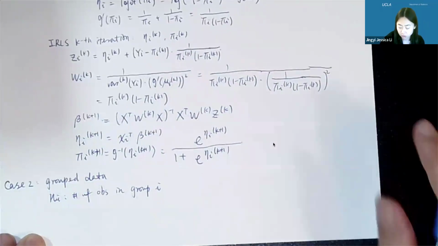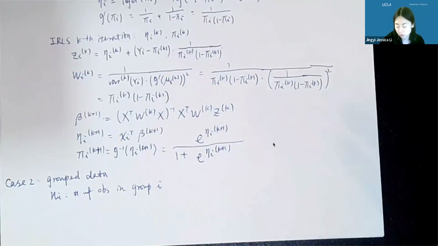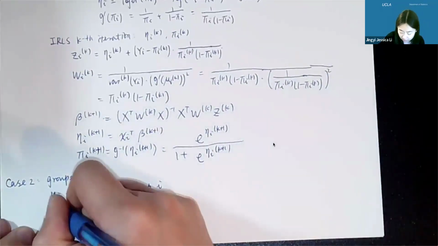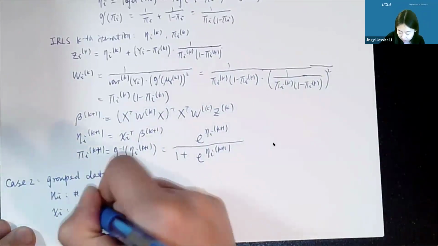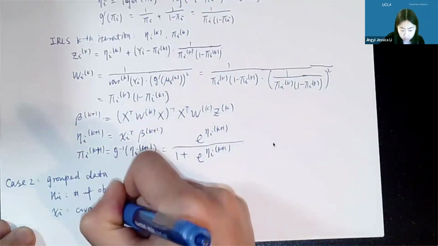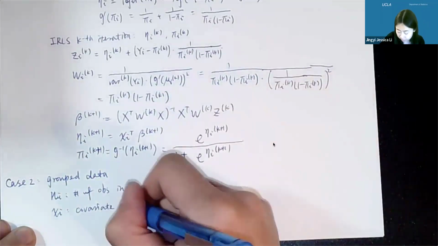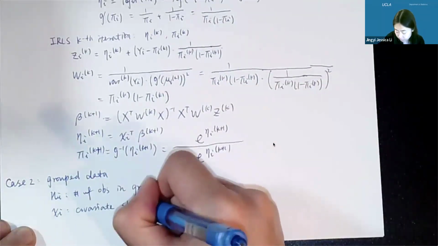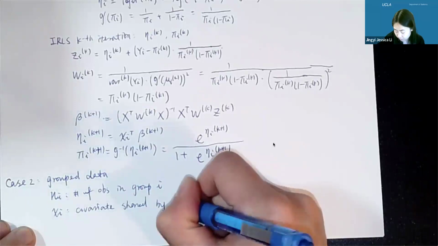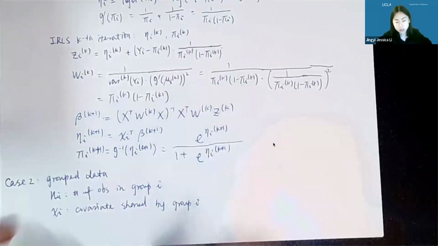And we also have each group with its own covariate. So x_i is the covariate shared by group i. So in group i, all the observations have the same x_i.